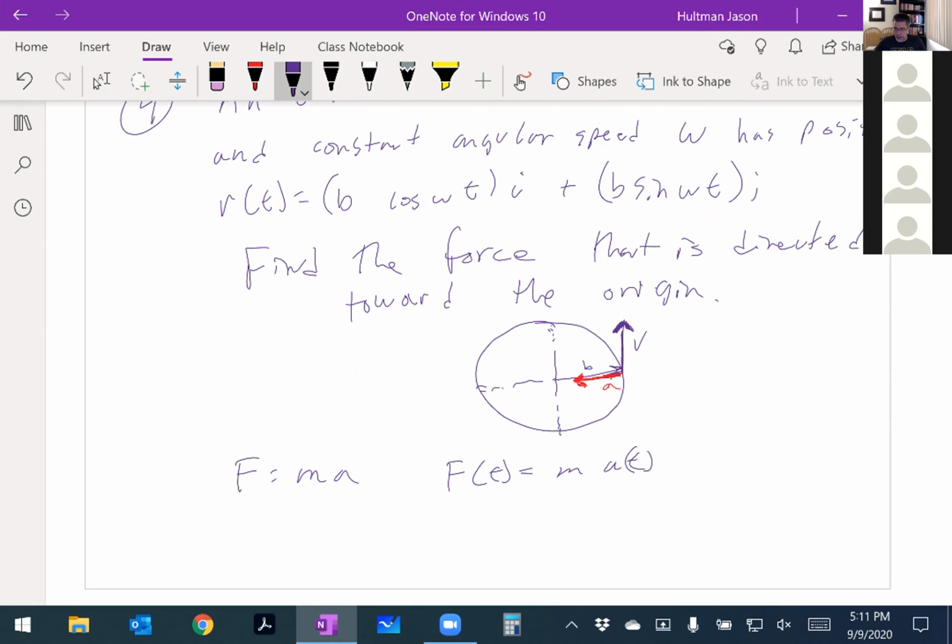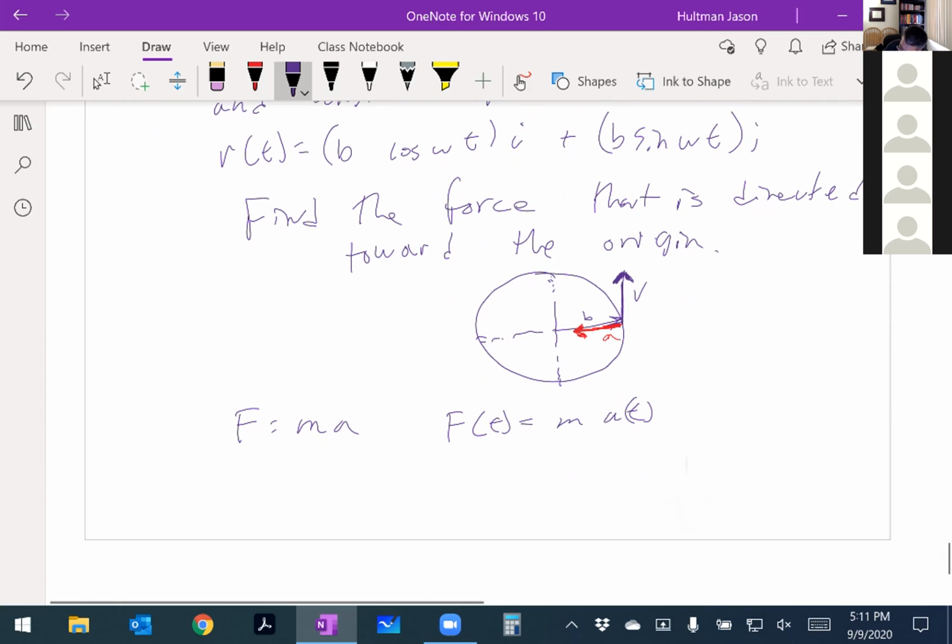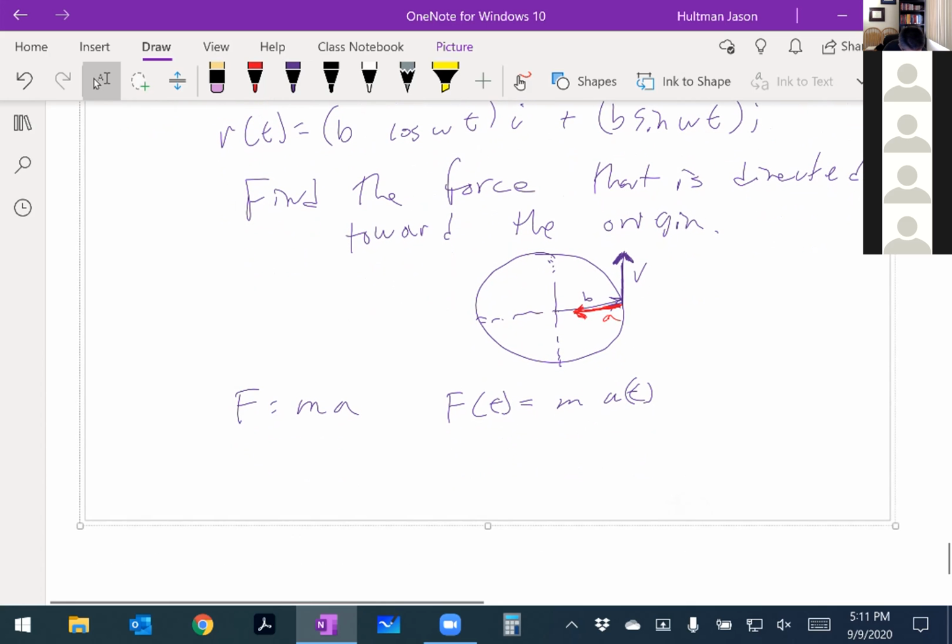What's the acceleration at time t for this thing? Let's see what happens, and we're going to see that it's opposite r of t. So let's find a of t.